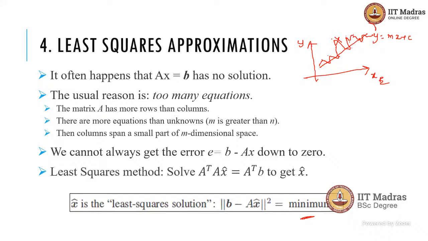Of course, you can see that there are differences between these points and this line. That is why we have the error to be minimum. Why do we go for that? Because the usual reason is there are too many equations. That is, the matrix A has more rows than columns. Remember this, because if you move further to ML courses, you will find interesting data sets wherein there may be many observations.